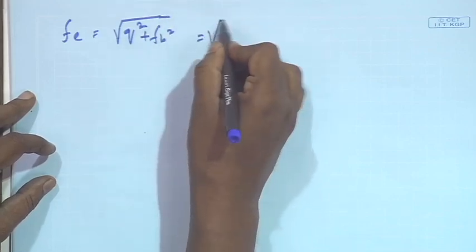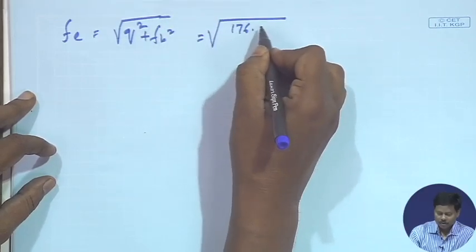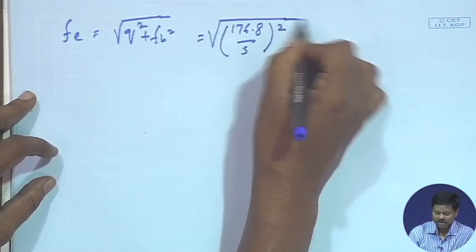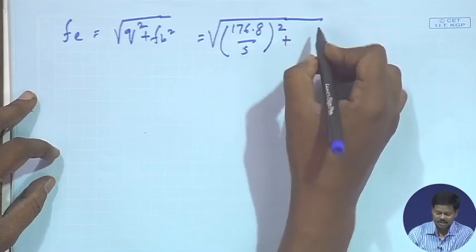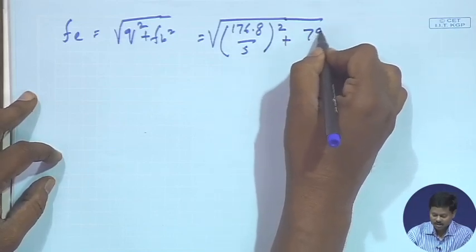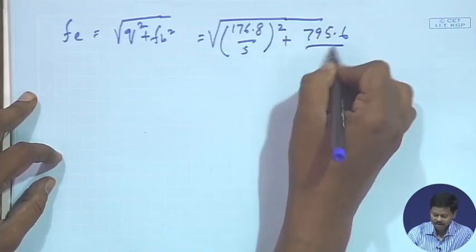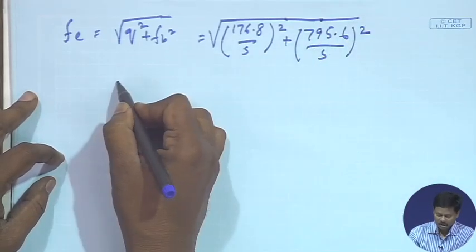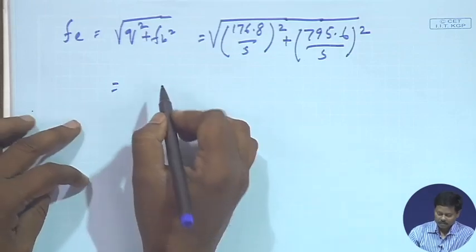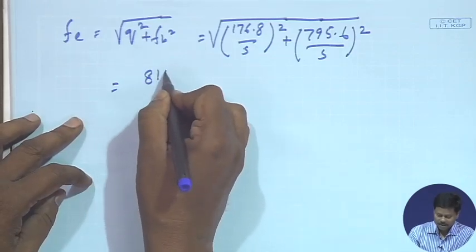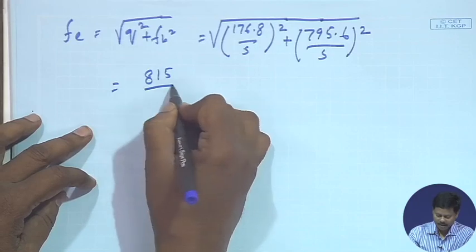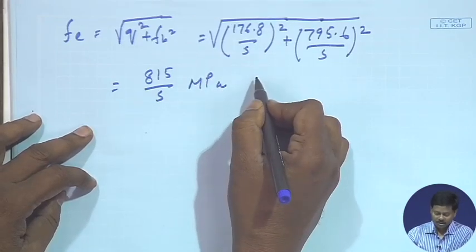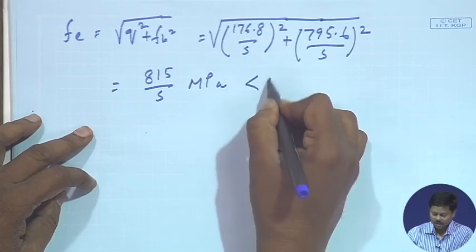So, if we put this value, 176.8 by S, it is vertical shear stress, and 795.6 by S is stress due to bending, and if we calculate we will find out 815 by S, and it has to be less than Rw.